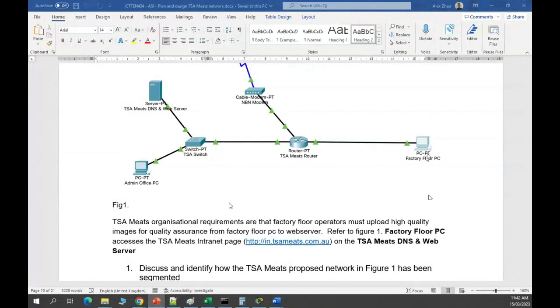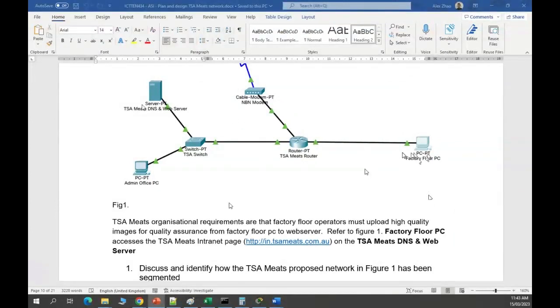Factory floor. That's the computer I'm using on the factory floor. And where do the photos need to be uploaded to? Admin office? Though, it's not the admin office PC, surely. If you remember the scenario, which device do I have to upload the photos to? Server. Correct. The web server.